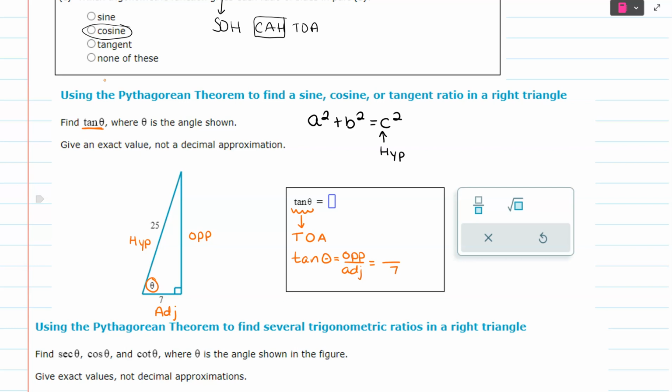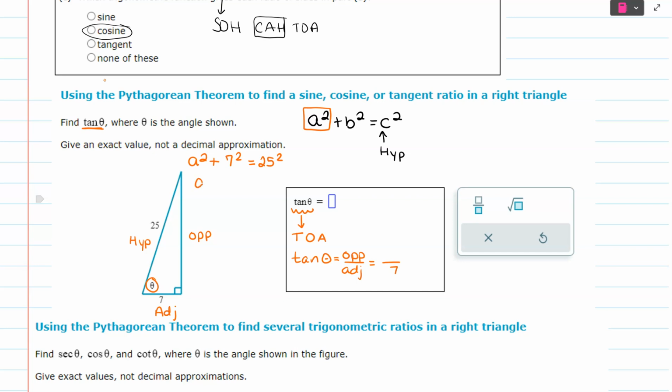So I'm going to let a squared be the one I don't know. So I have a squared plus, and now b is another leg, so I know 7. So 7 squared equals, and then hypotenuse, or c squared, 25 squared.